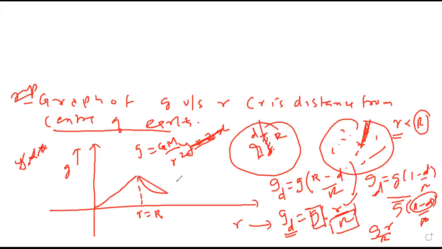First, till radius, it is a straight line passing through origin. At the surface, g equals GM upon capital R square. This is the maximum value. And then inversely proportional to r square. So show a curve like this. Understood? They will ask which represents the correct graph of g if r is the distance from the center. Please draw this diagram.